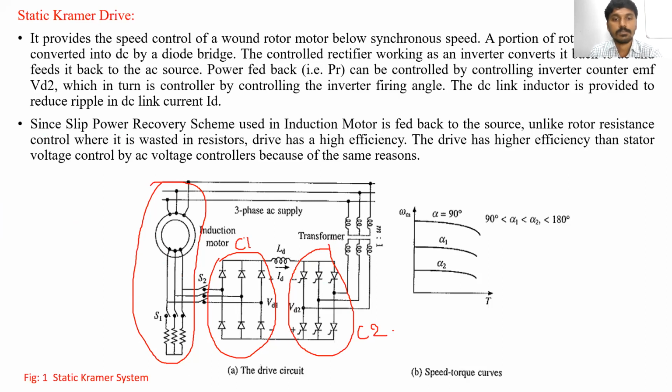As converter 1, we are using the 3-phase diode rectifier. As converter 2, we are using the 3-phase inverter. This converter acts as an inverter; it converts from DC to AC.